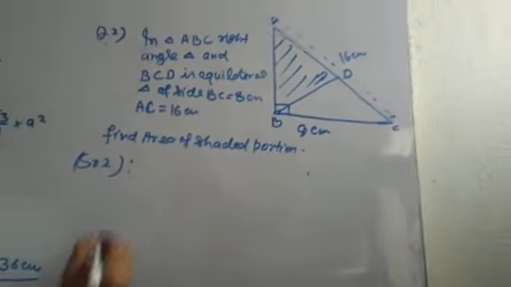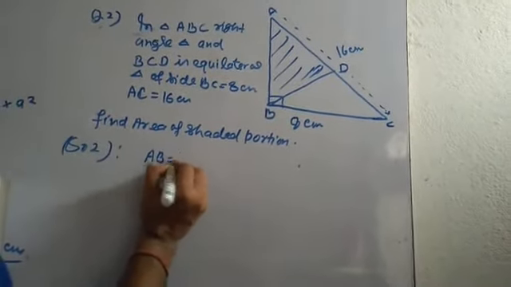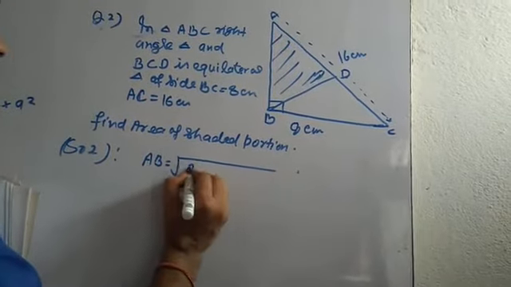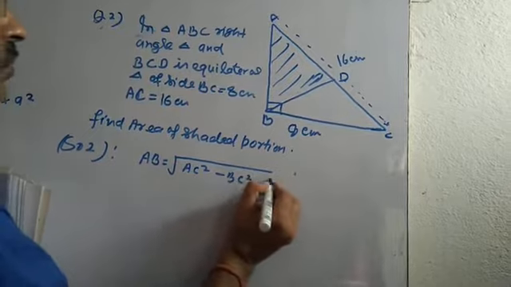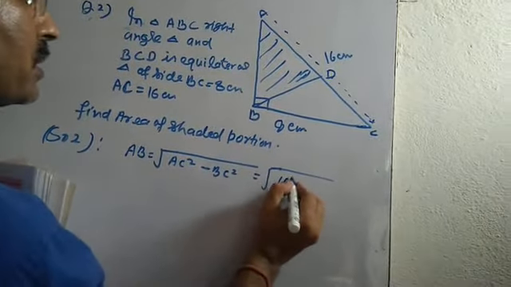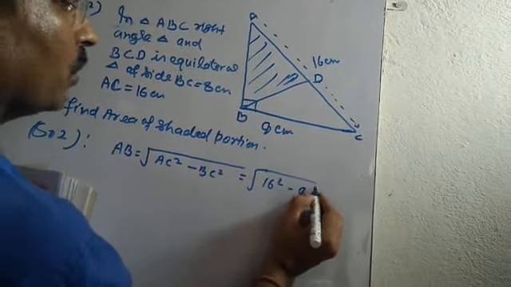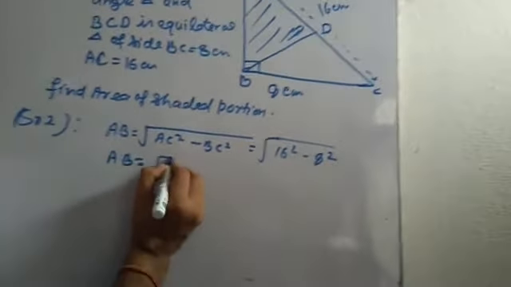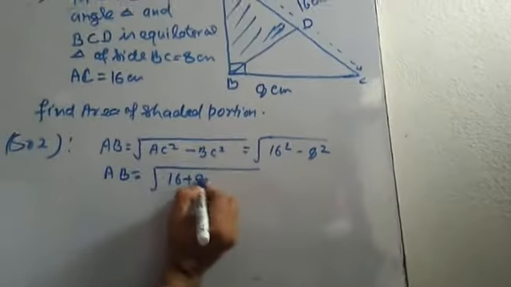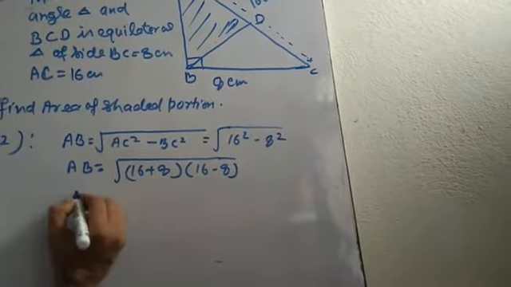Solution 2. AB equal to root of AC square minus BC square. This is 16 square minus 8 square. This becomes AB equal to root of 16 plus 8 and 16 minus 8, a square minus b square.